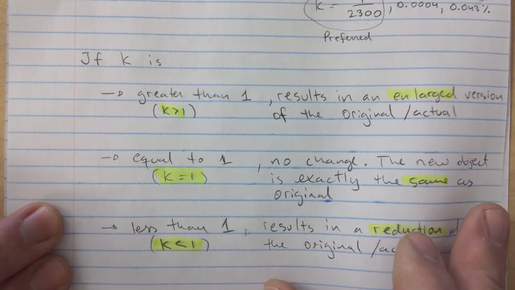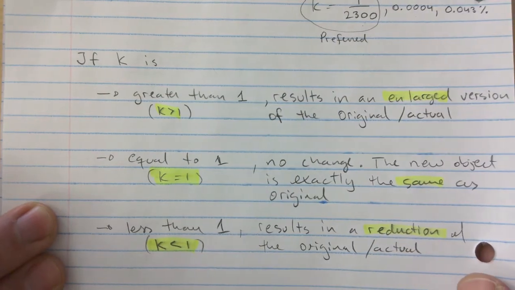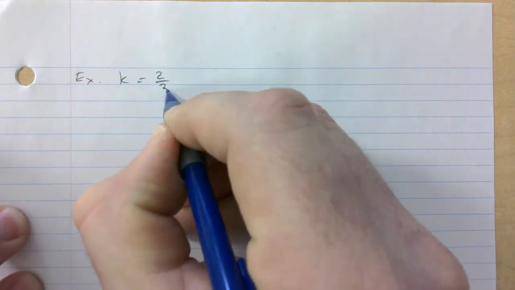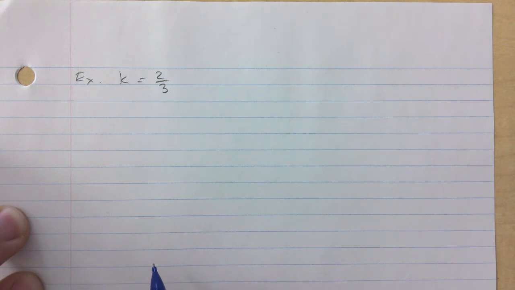So let's keep going, back page. This is already the back page, so I have to have a new page. Example, K is equal to 2/3, right?